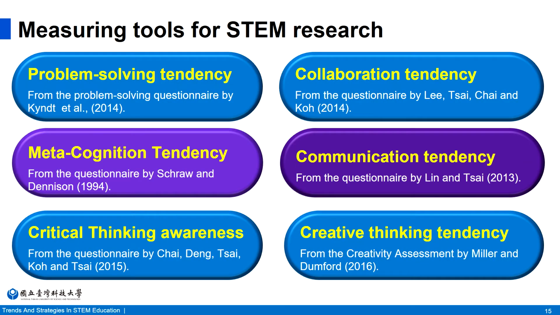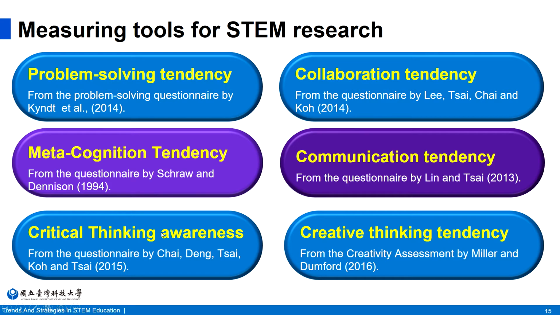I would also like to recommend some measuring tools for STEM researchers. Here are some questionnaires developed by previous studies. For example, the problem-solving tendency questionnaire proposed in 2014 and the metacognition tendency questionnaire proposed in 1994.